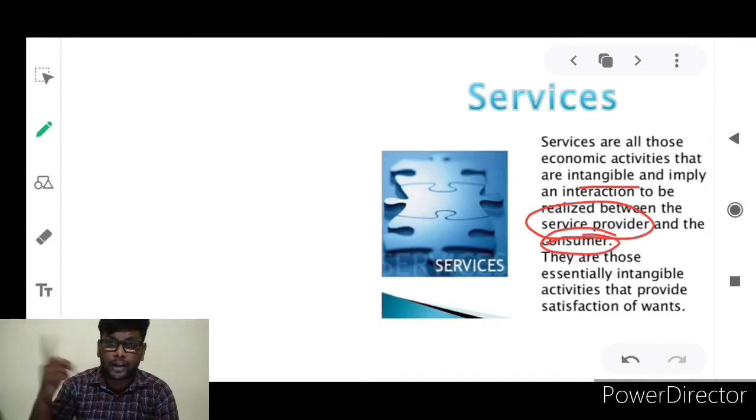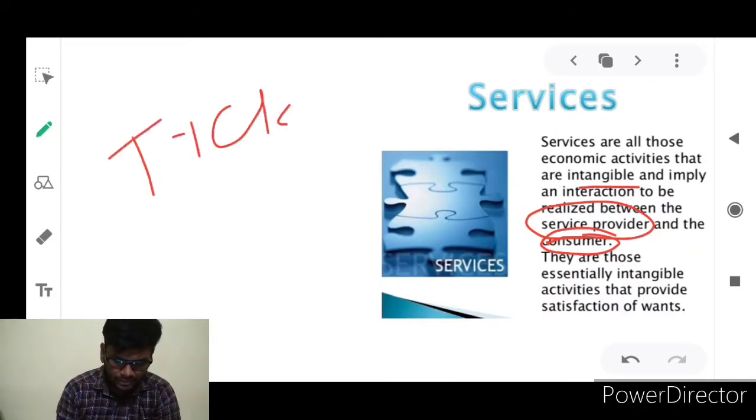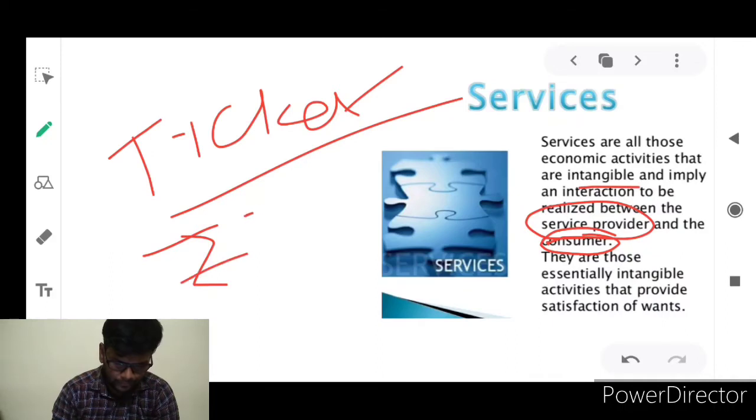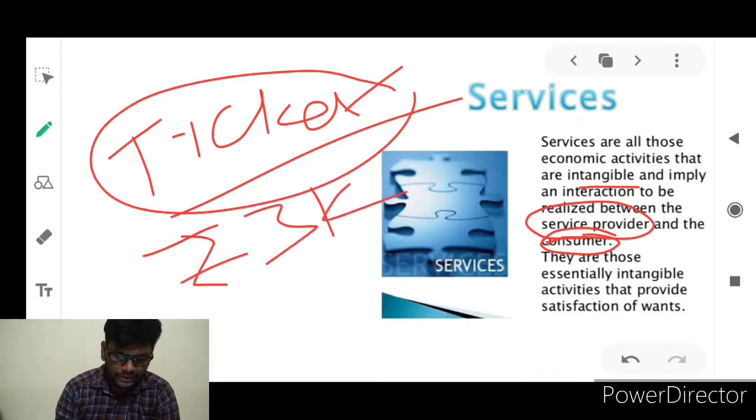If you want to go to Agra, you get a train ticket. You spend near about 3,000 rupees traveling by train, taking a ticket, but you are enjoying traveling services.